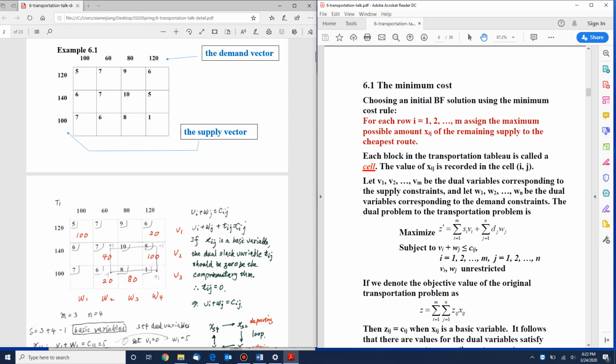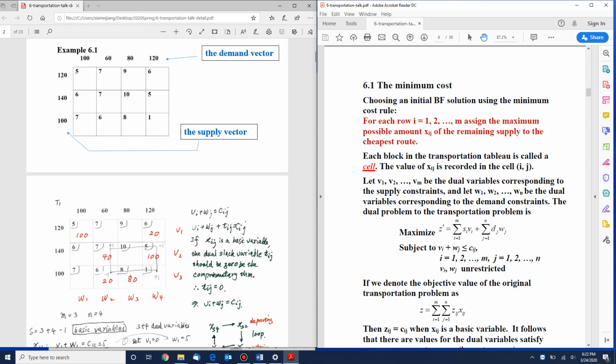So this tells us that when we have the initial tableau, we already have a basic feasible solution. For the rest, x12, x13, x21, x23, x31, x34, all the others are non-basic variables. They have value 0, right?